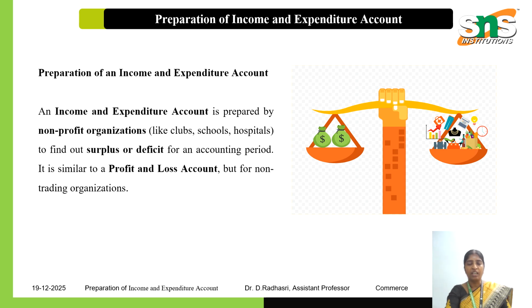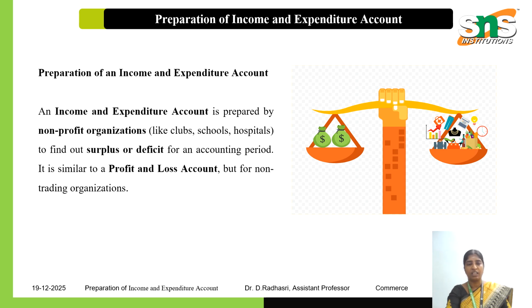At the proper time, the income and expenditure account shows how the income was gathered in the non-profit organization and the expenses we have to show. Their money is spent for the public, for what they need at the proper time.